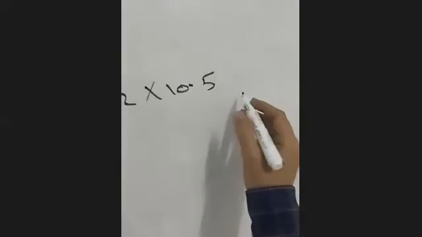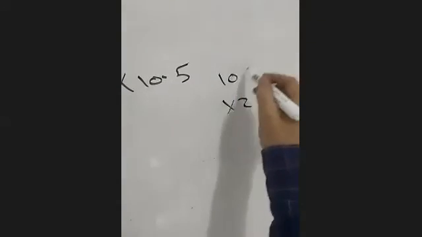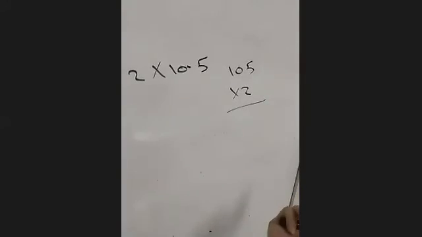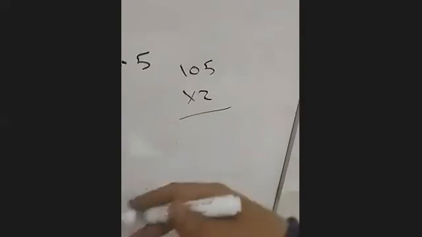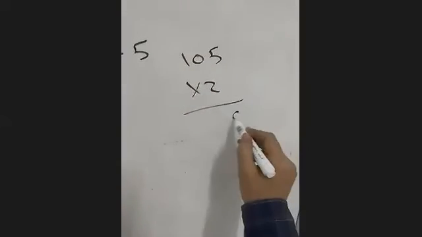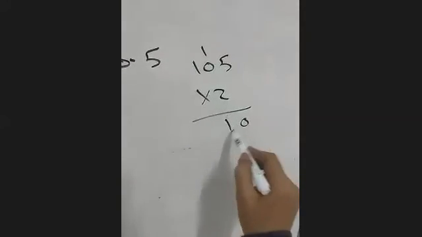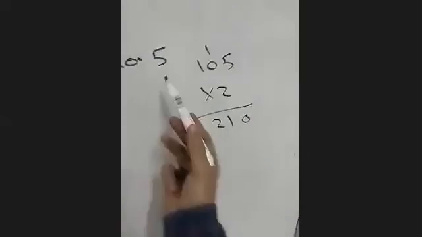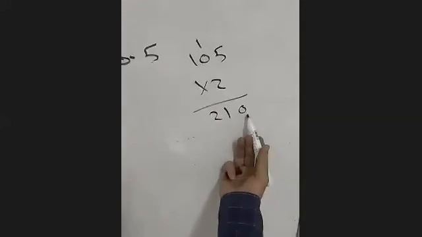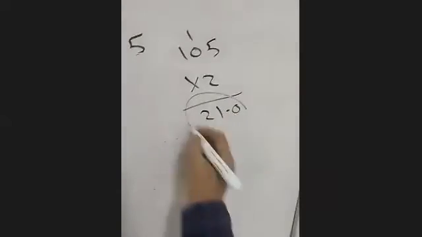We multiply without decimal: 2 by 5 is 10, 2 by 0 is 0 with the 1, 1, 2 by 1, 2. Now we have one digit after the decimal, so we count one digit and put the decimal. So the answer is 21.